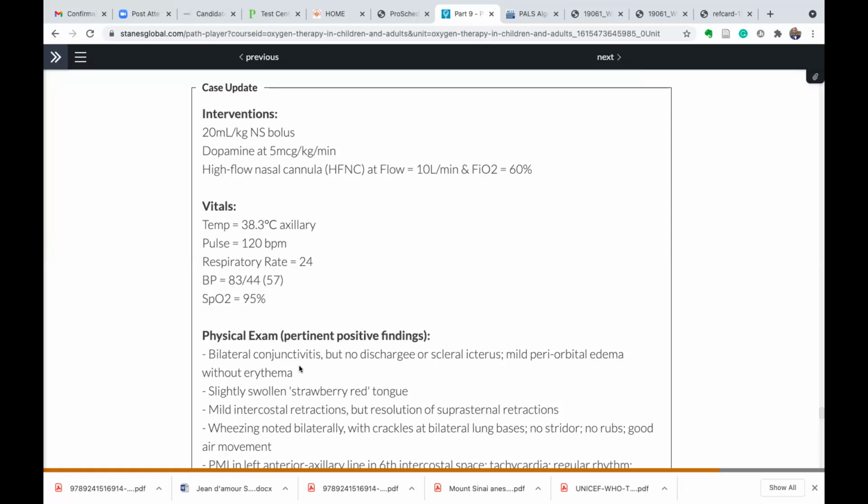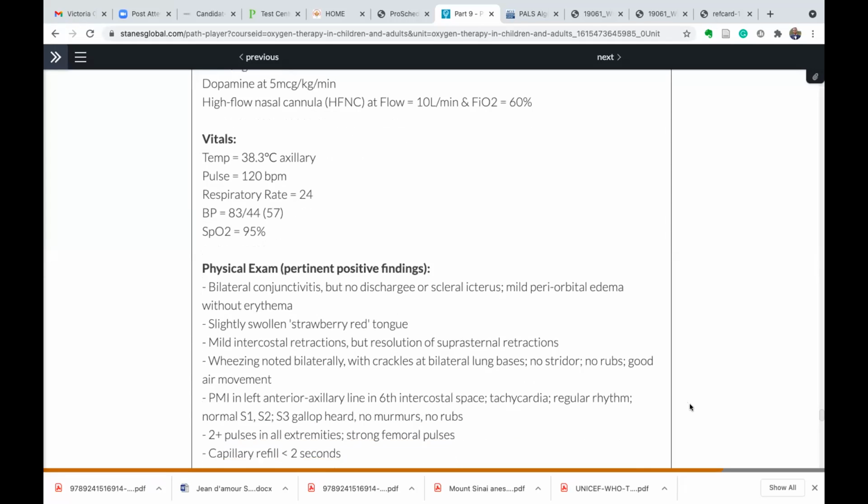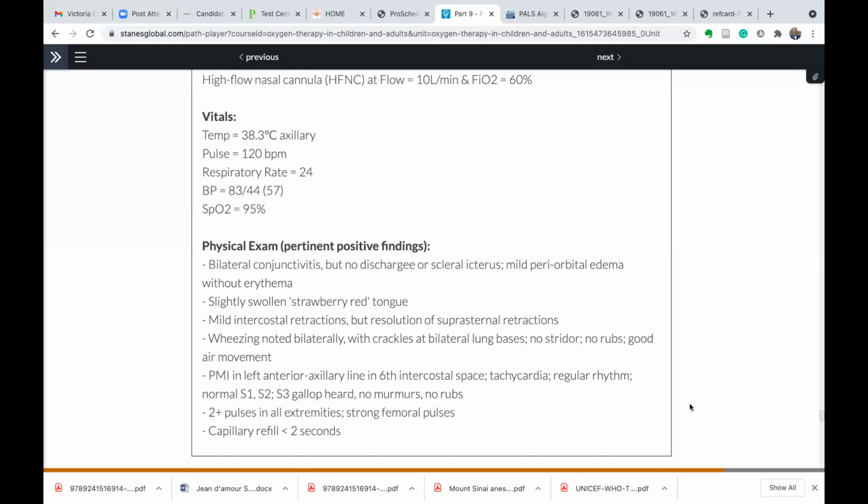Physical exam, you have bilateral conjunctivitis, but no discharge or scleral icterus. You have mild periorbital edema without erythema, and you have strawberry red tongue. You have mild intercostal retraction, but the suprasternal retraction are improving.